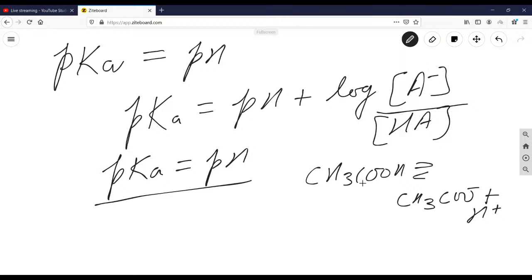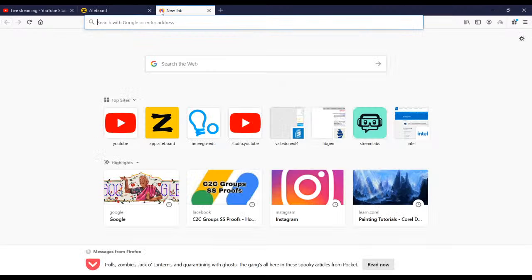If this is equal to this, and I am adding any H plus in the system, this will act and form CH3COOH. It will act as a buffer and not let the pH drop whatsoever. That is the meaning of pKa. At that point of time, if you have seen this graph, I'll show the graph to you here.